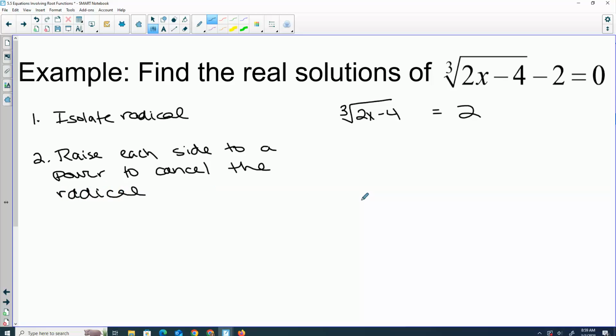Right, if you want to get rid of a third power, what would I do to each side? Cube it. Okay. So just for the sake of our example here, I'm going to rewrite just to show you what I'm doing. So second step, I'm taking each side to the third power.